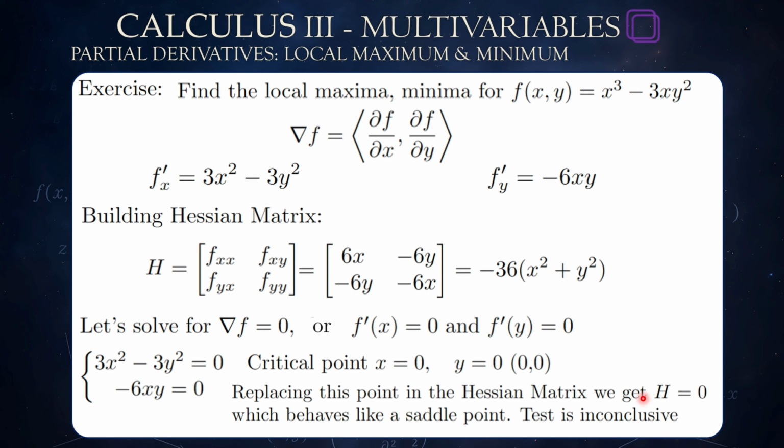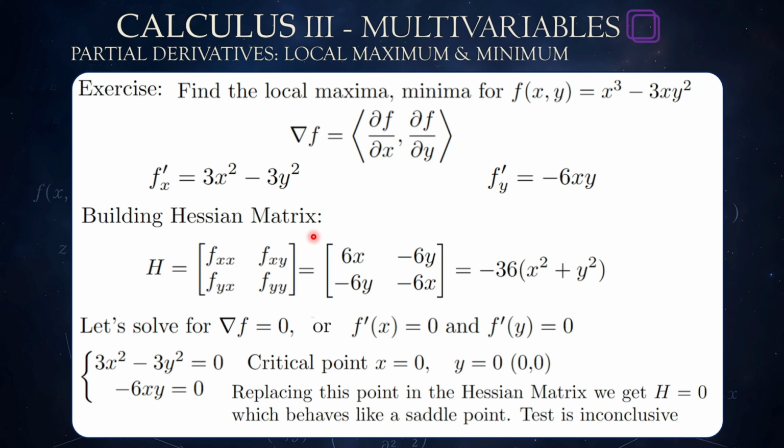So again, going back, what we do is get the derivatives of f in respect of x and in respect of y. We solve them for 0 to get the critical point. Then you need to build the Hessian matrix. Actually, you should have already the second derivatives for fx and fy respectively. For fx, you have fxx, fxy. For fy, you have fyx, fyy.